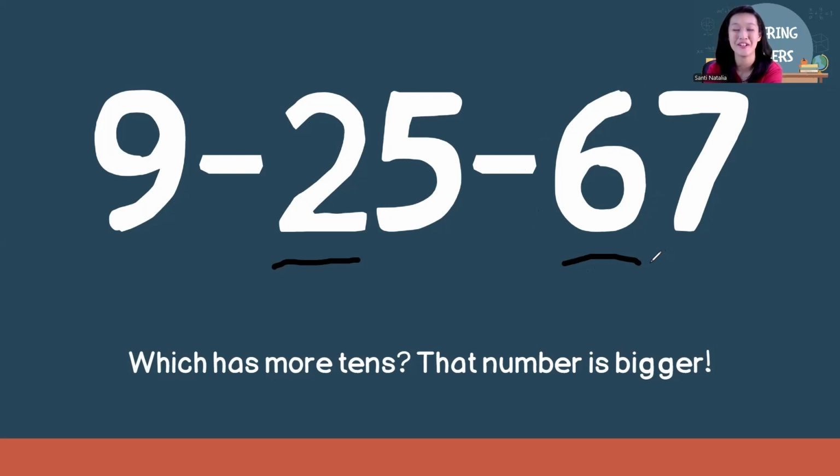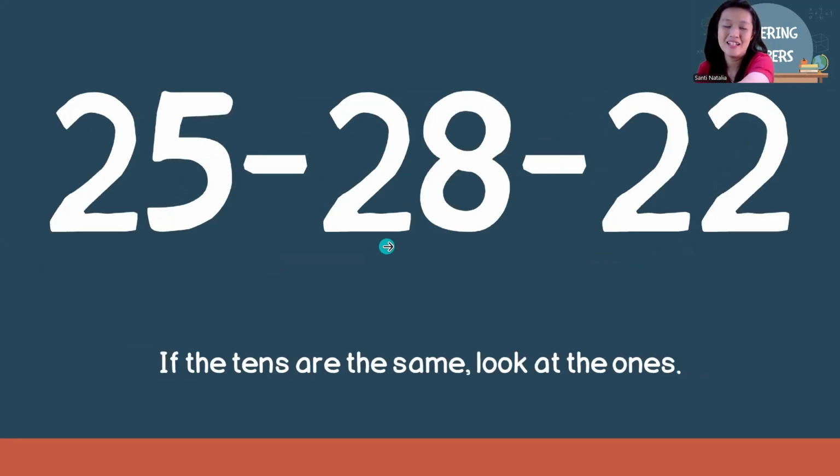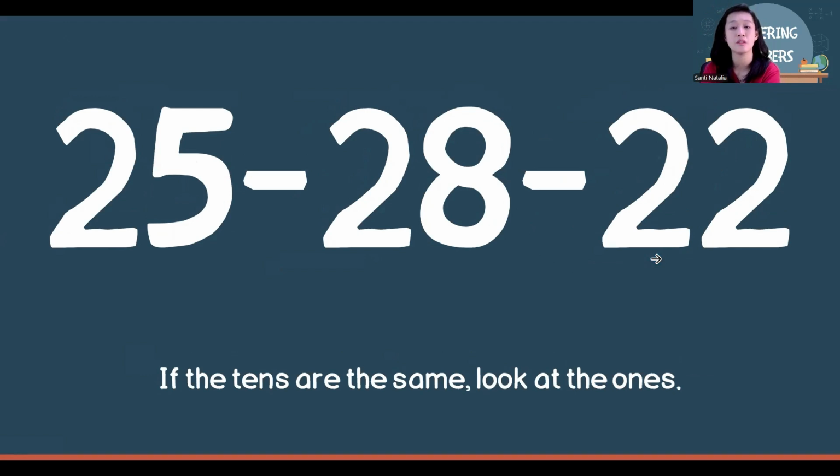Do you understand, children? You can check from the place value. 67 is the biggest. Okay, next. 25, 28, 22. So how if the tens are the same? 25 has 2 tens. 28 has 2 tens. 22 has 2 tens.